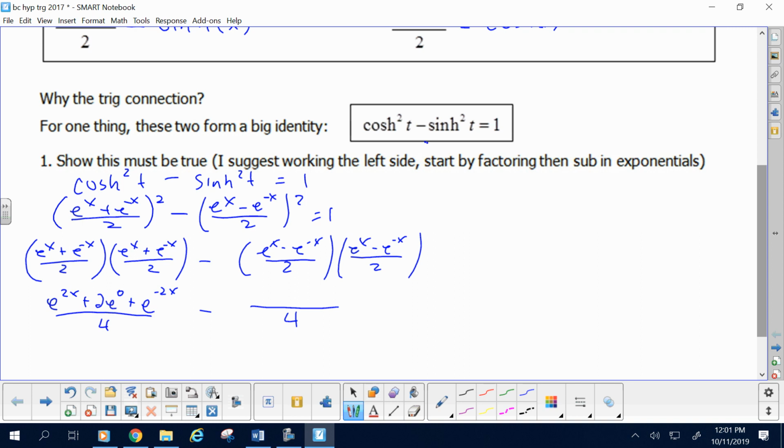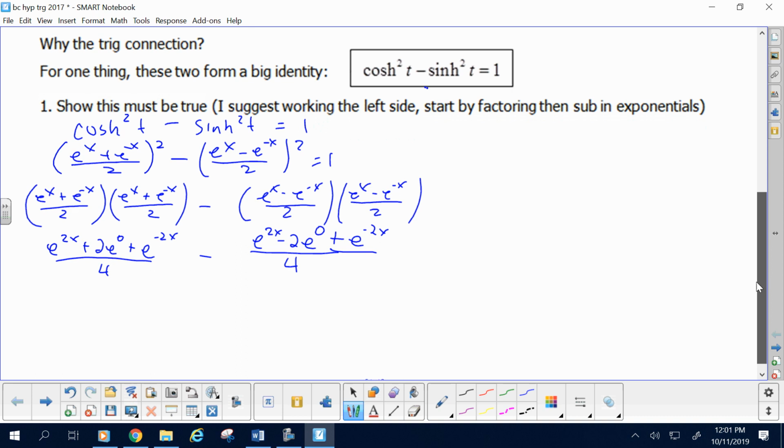All right, over 4. Thank you. You're welcome. E to the 2x minus 2 e to the 0 plus e to the negative 2x. Okay?